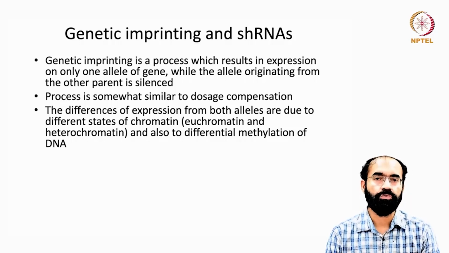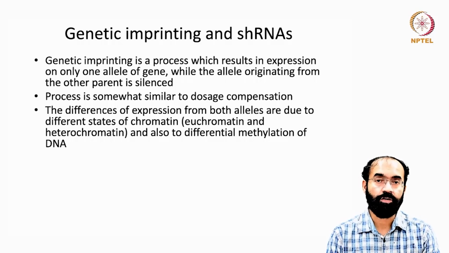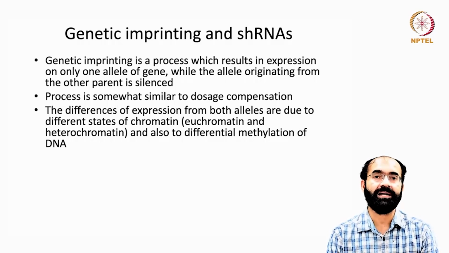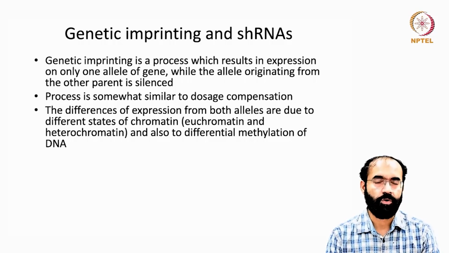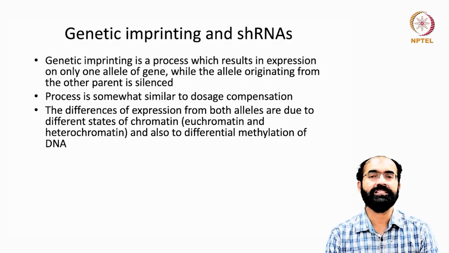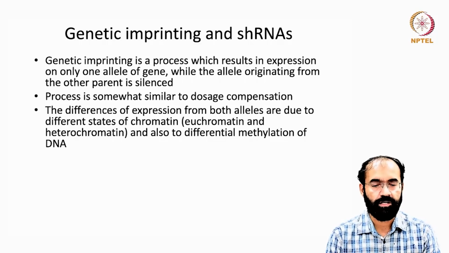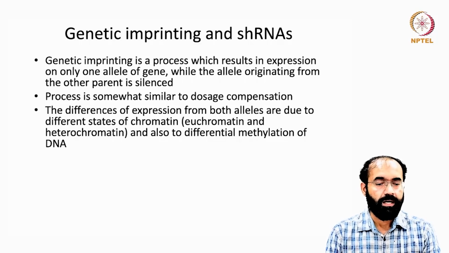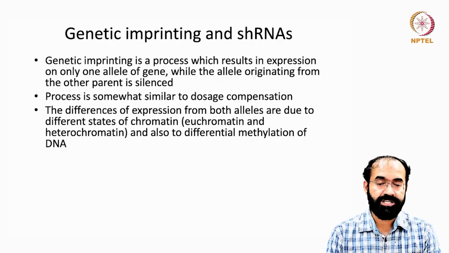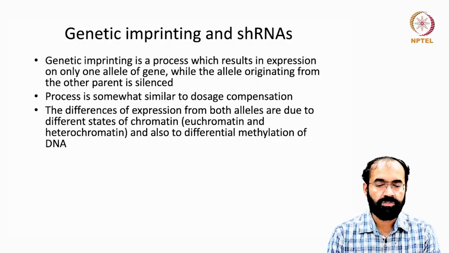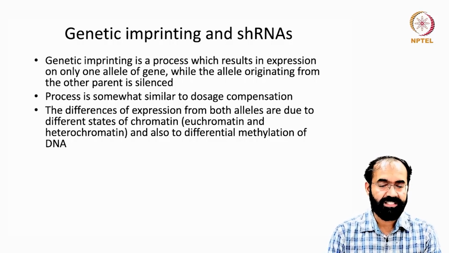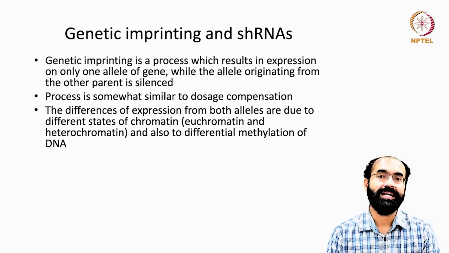Euchromatin means loose chromatin and DNA is accessible for transcription, whereas heterochromatin means tightly packed chromatin where gene expression is poor or nil. The chromatin is not opening up, DNA is not accessible, so that's called heterochromatin. The differences in expression from both alleles are due to different states of the chromatin and also differential methylation of the DNA itself.